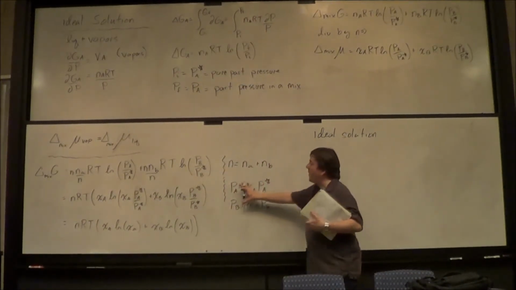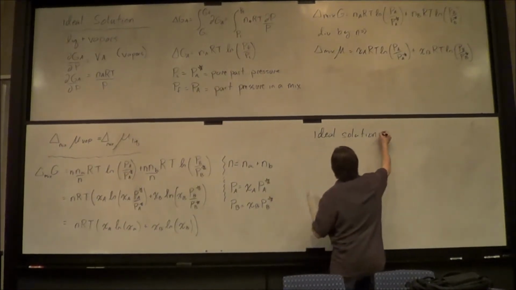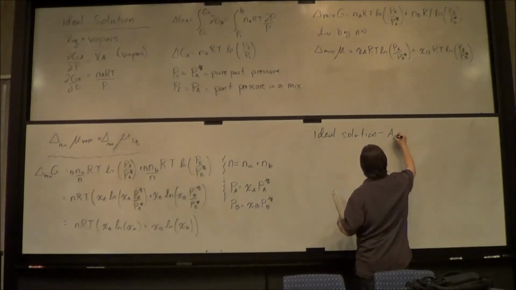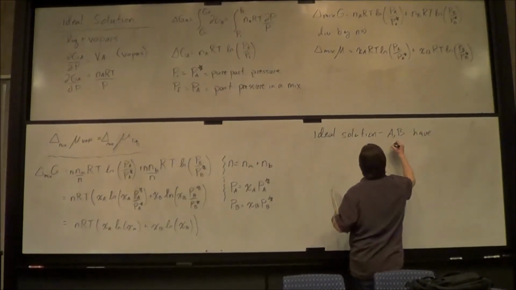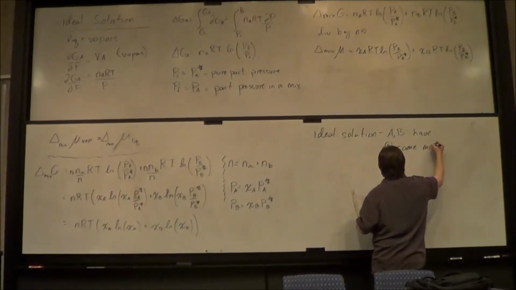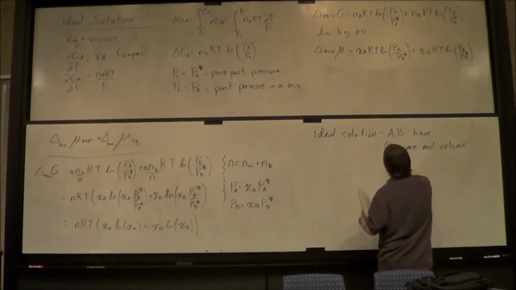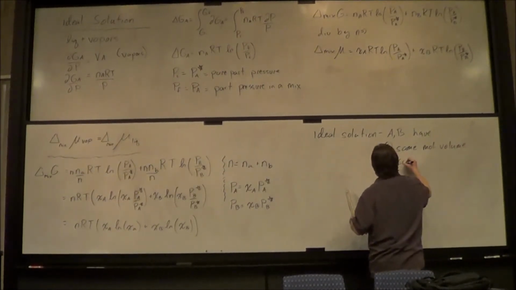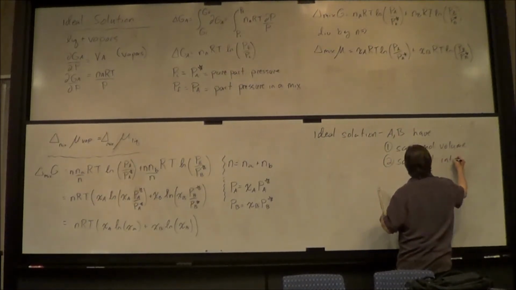Ideal solutions are defined as this works perfectly. And what that means is that, I'm going to stick with A and B, they have one, same volume, same molecular volume, and two, same molecular interactions.